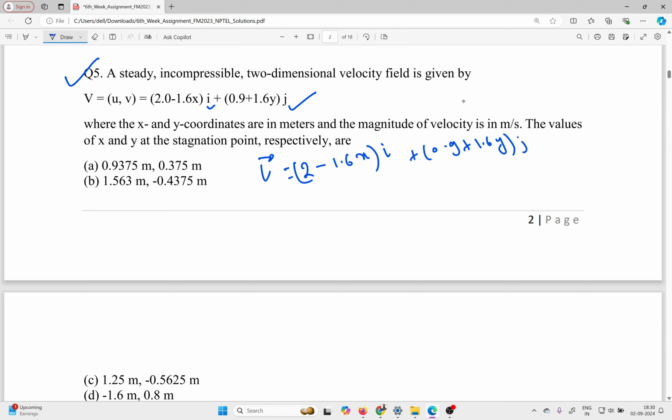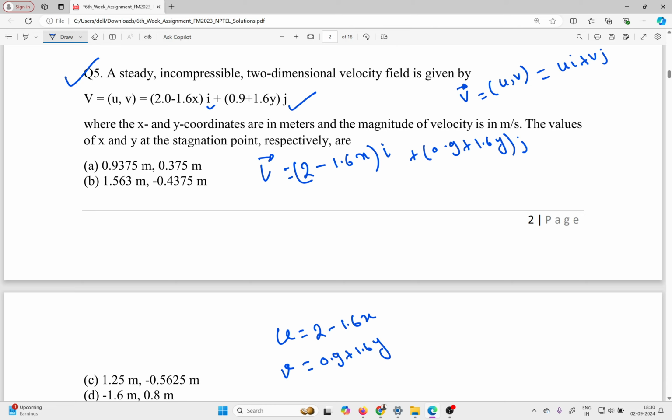So you know already your velocity vector is a function of, here it is given, u and v. So definitely it will be ui plus vj. If you will compare with this, you will get u is equal to 2 minus 1.6x and v is equal to 0.9 plus 1.6y.